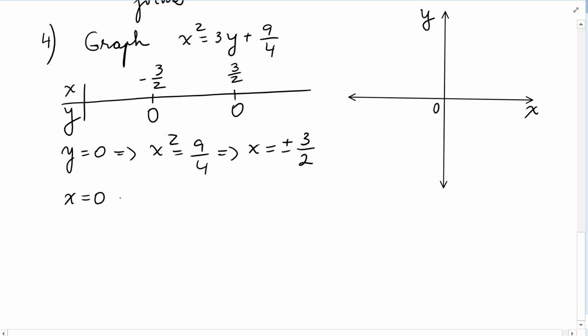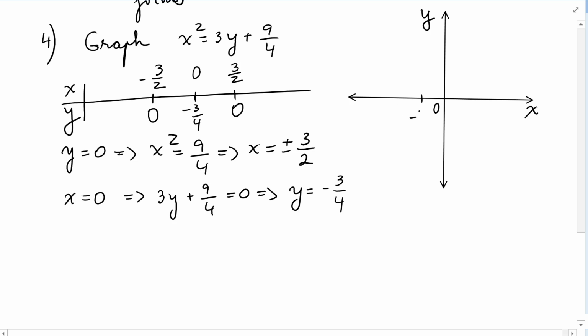If x equals 0, we get 3y plus 9 over 4 equals 0, which means y equals negative 3 over 4. So if x is 0, we get negative 3 over 4. Let's plot the points.